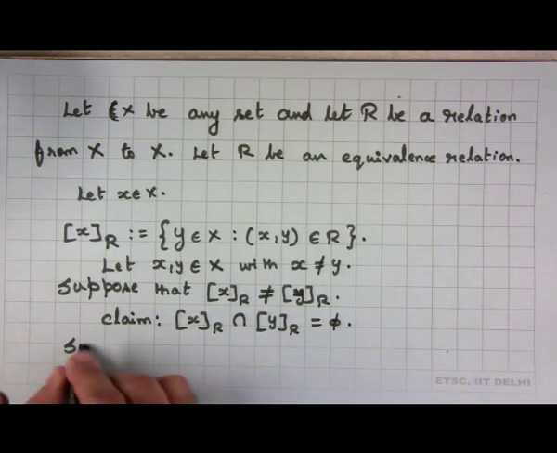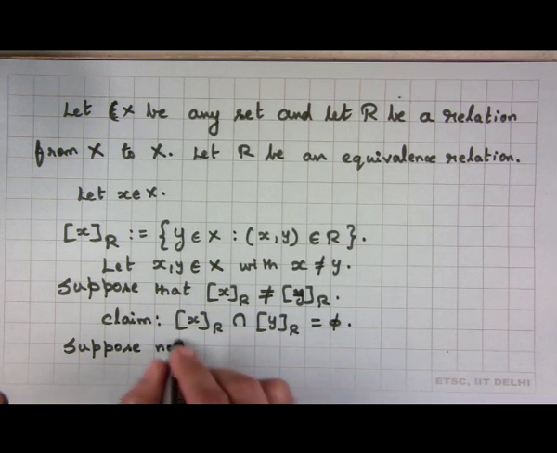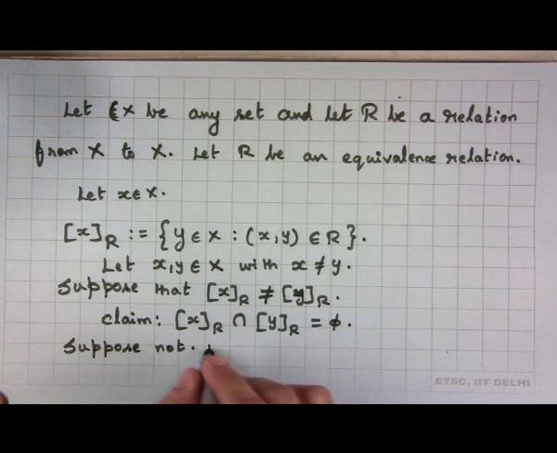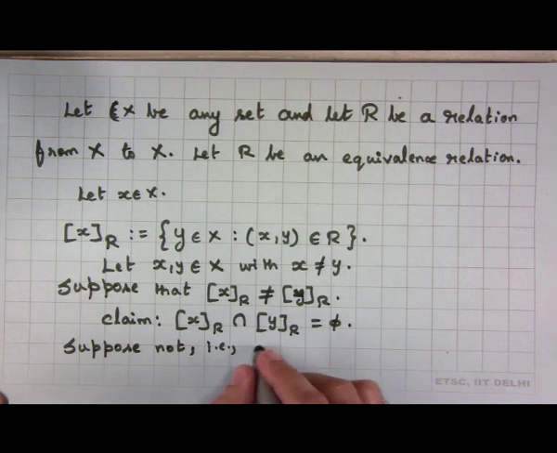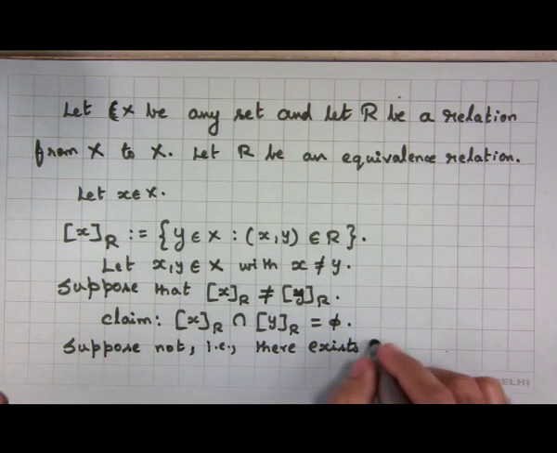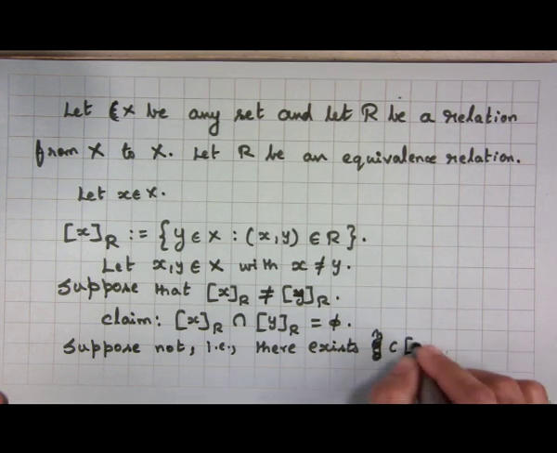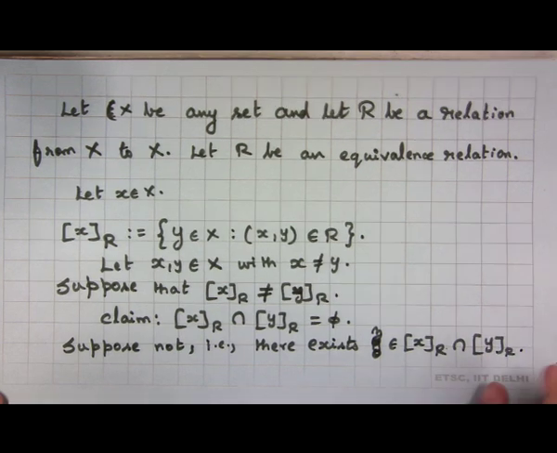Suppose not, that means there exists y, or let us call it z, in box x R intersection with box y R. Fine.